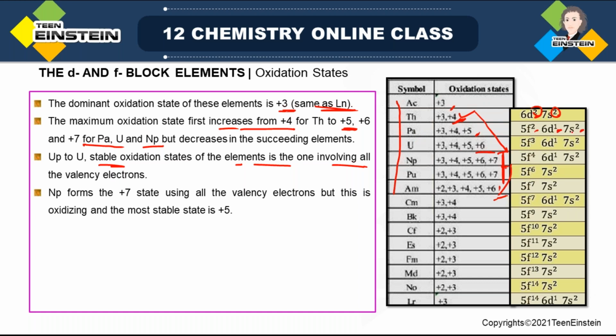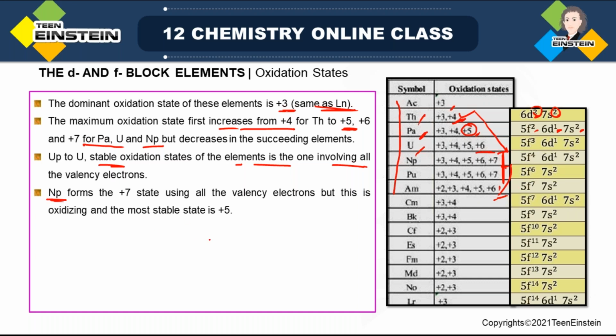If you remove all the 5 electrons, you are getting this oxidation state. That means the maximum oxidation states that you are seeing for thorium, Pa, and uranium are +4, +5, +6. So up to uranium, that oxidation state is more stable which is involving all the valence electrons.